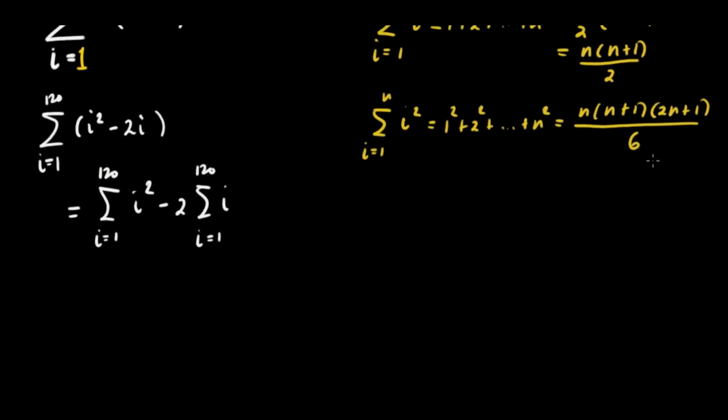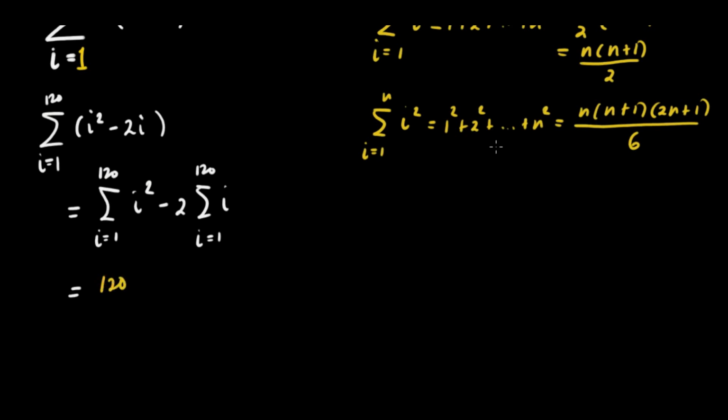And then we're going to apply the formula for the summation of the first n square numbers, or the sum of the square numbers from 1 to n. So your n here is 120.